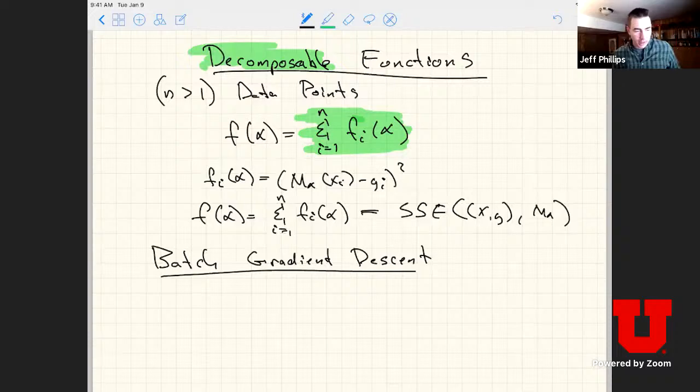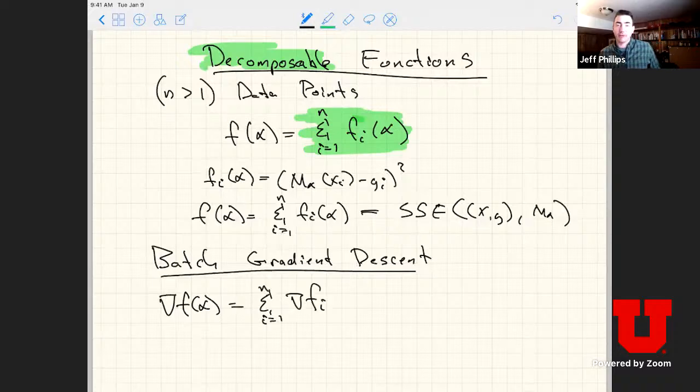But so we want to calculate the derivative of f of alpha, and we know that this is actually going to be the derivative of each of these individual terms, f_i of alpha. I can decompose a function into a sum, take the derivative of all the pieces, and sum them back together again.